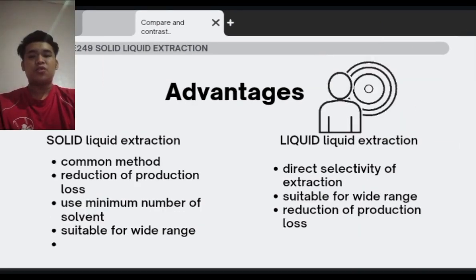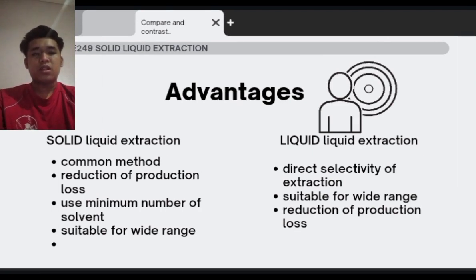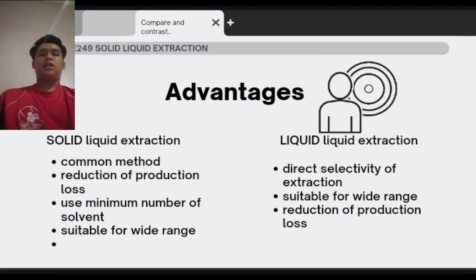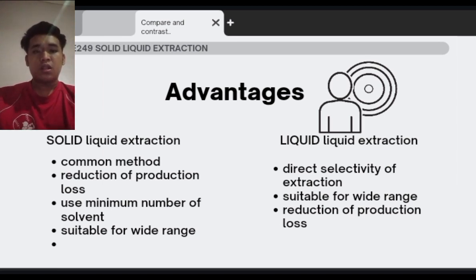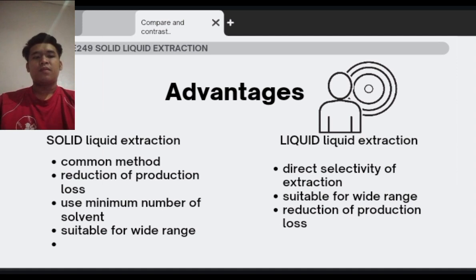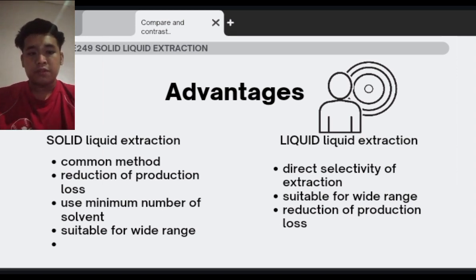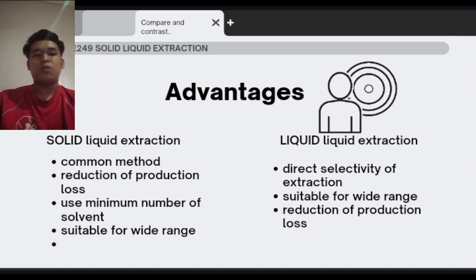And we will go through the advantages of solid liquid extraction and liquid extraction. The advantages for solid is that it is a common method, which is the easiest way, and easy to do the procedure. Next, it has a reduction of production loss. It also uses a minimum amount of solvent and is suitable for a wide range.